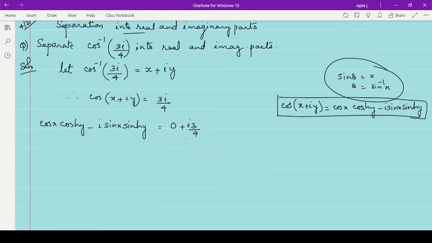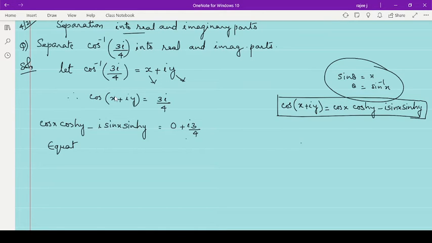Now we will equate the real and imaginary parts. We have taken cos inverse 3i by 4 equal to x plus iy, so x is the real part and y is the imaginary part. Ultimately we need to find what x and y are.